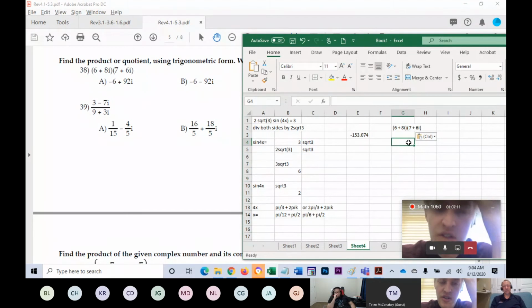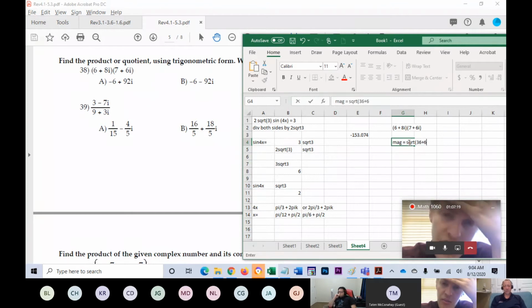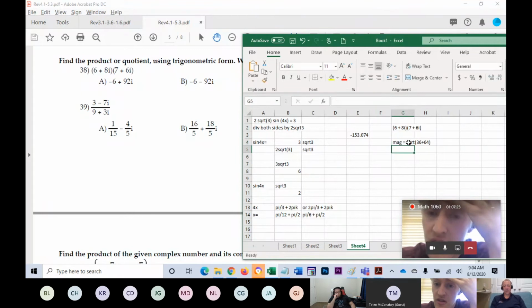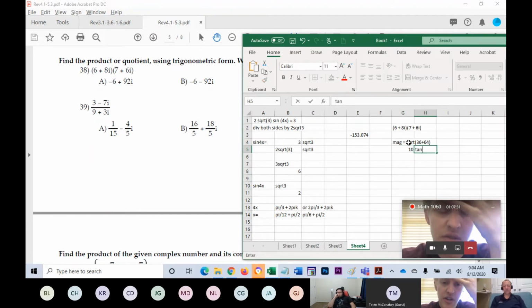So the magnitude is the square root of a squared plus b squared. So the square root of 36 plus 64, which would end up being 10. Yeah, that was kind of lucky. So that's 10. And then the tangent of theta is equal to the absolute value of b over a.